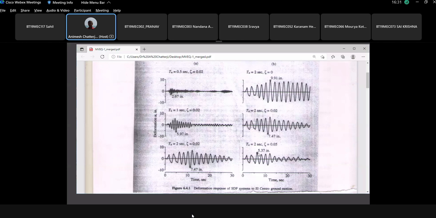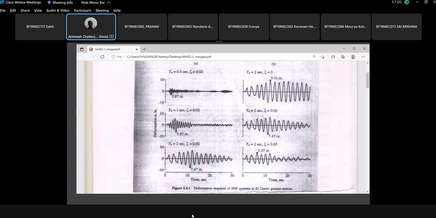As damping increases, the peak value decreases. And this we cannot say conclusively because only a few pictures have been taken: 0.5 second, 1 second, 2 second. But we can say that in the lower frequency zone, peak value will be higher.